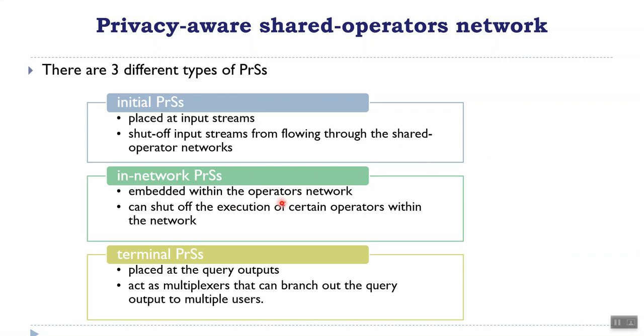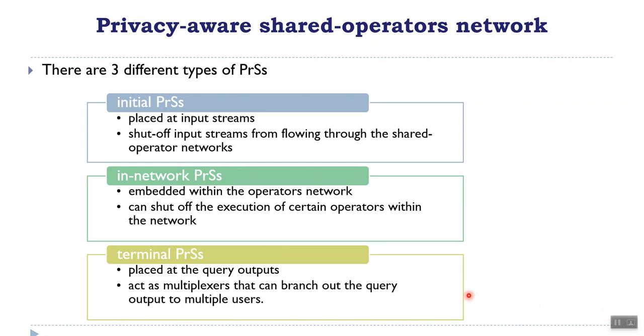The in-network PrSs are embedded within the operator network, and they shut off the execution of certain operators within the network. And then finally, the terminal privacy switches are placed at the query outputs, and they perform the operation of post-filtering. They act more as multiplexers that can branch out the query output to multiple users.